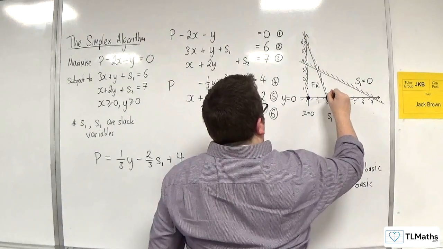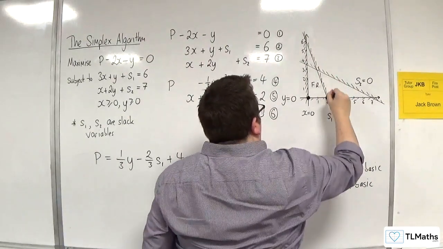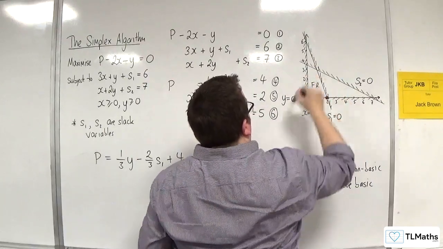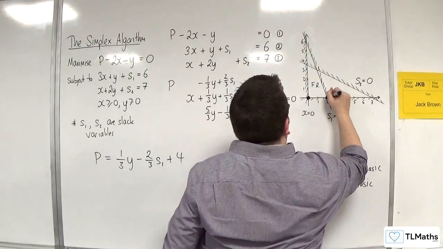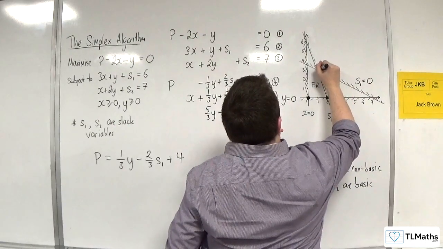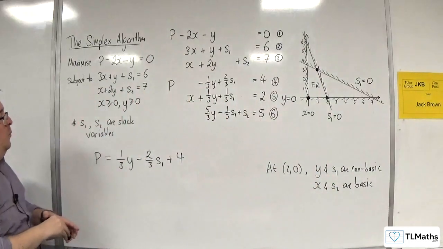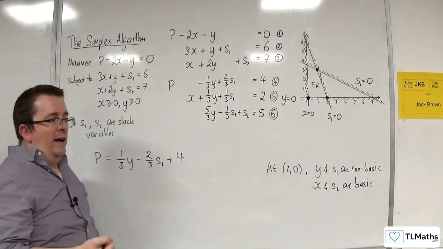So that means from this point, I want to travel along the line S1 is 0. So I want to keep S1 as 0 by travelling along that line, and I want to get to this point here. So travelling along that line will increase my y value.